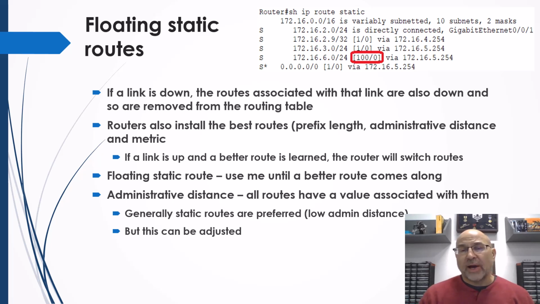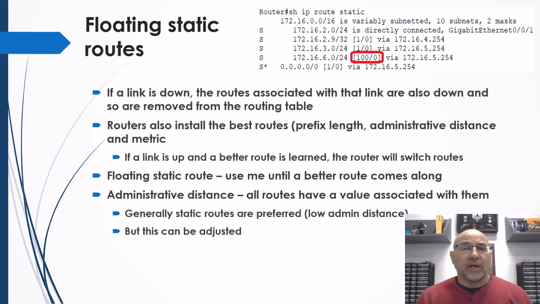We also know that routers install the best routes. And that'll be dependent upon the prefix length, the admin distance, and the metric. So if I was running a routing protocol like OSPF, and then ran another routing protocol like RIP, and the routers saw entries for all the networks that are out there via both of these routing protocols, they would pick one.